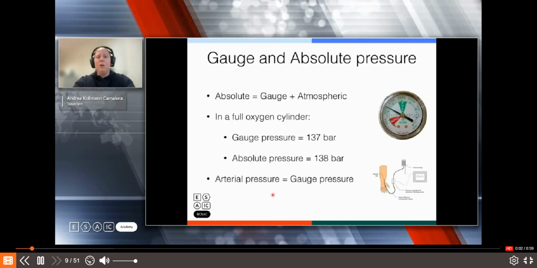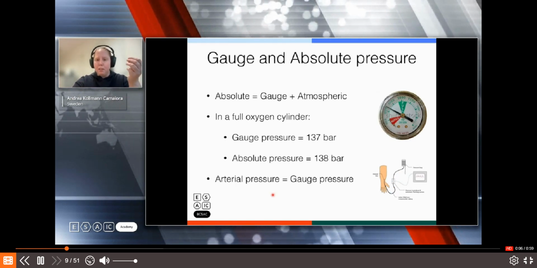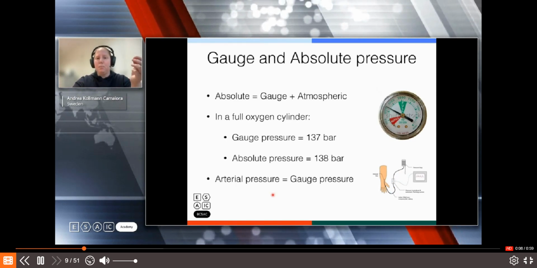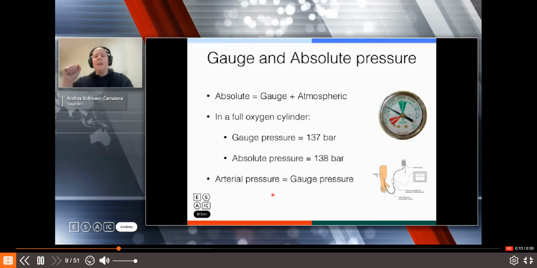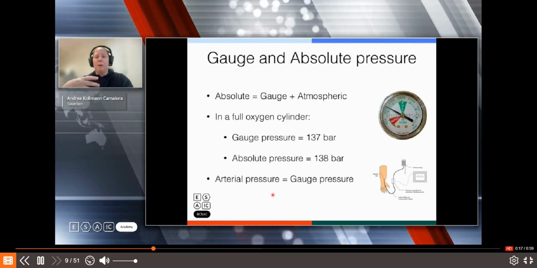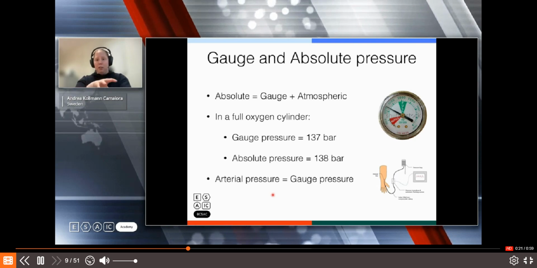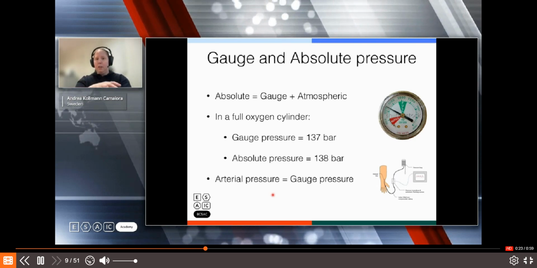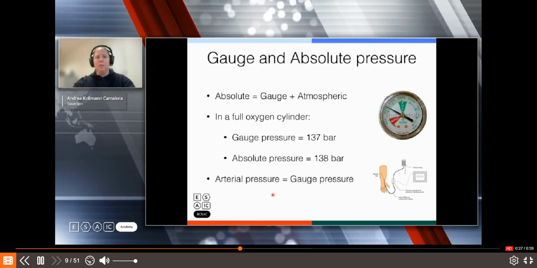Then we move into gauge and absolute pressure. Absolute pressure is the sum of the gauge pressure and the atmospheric pressure. And if you remember, in the anesthesia equipment, we're talking about blood pressure. So blood pressure is the mixture of the gauge, which is my blood pressure, plus the atmospheric pressure, and thus we need to zero the transducers.